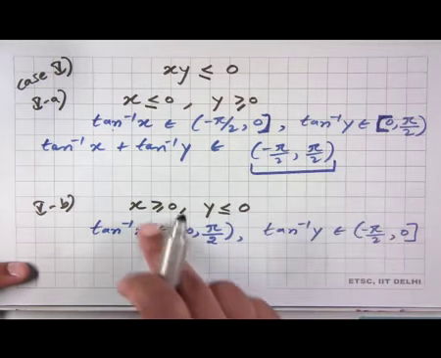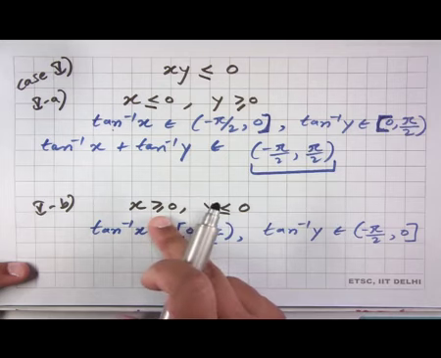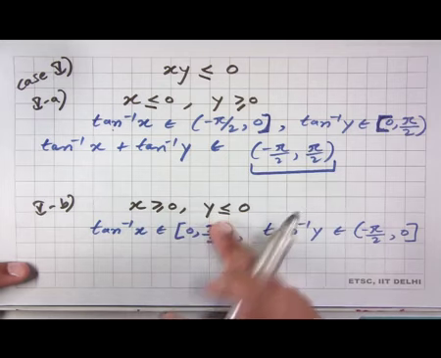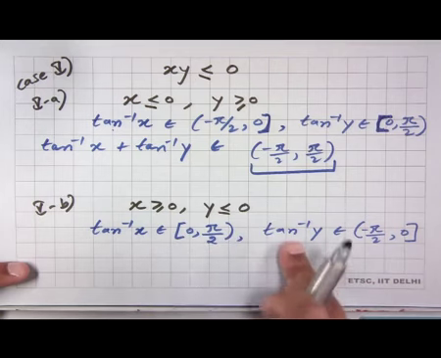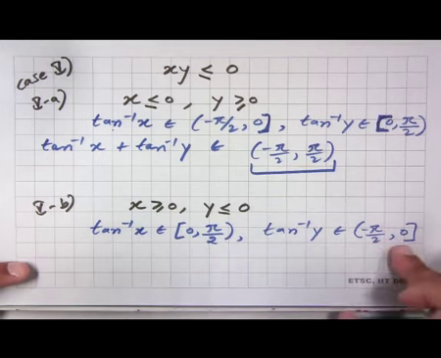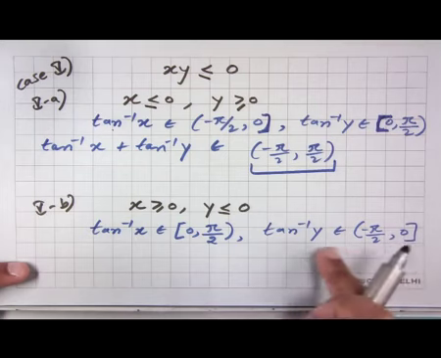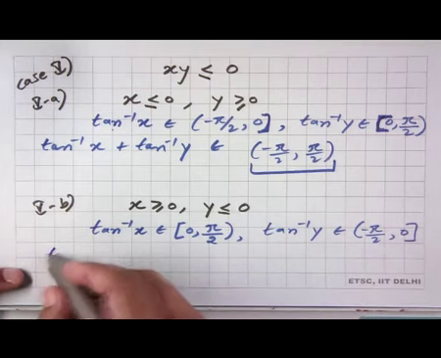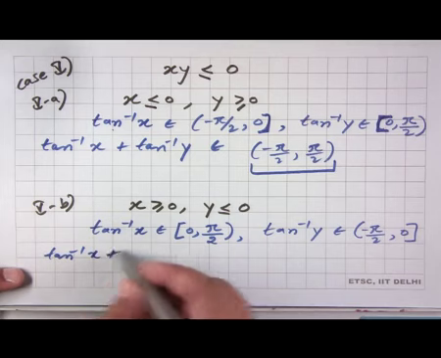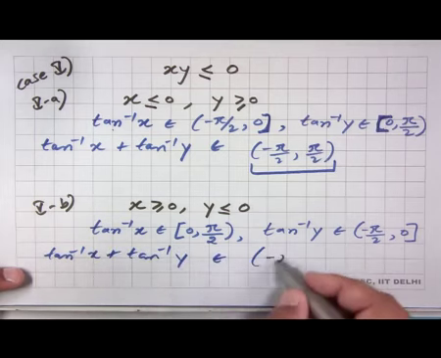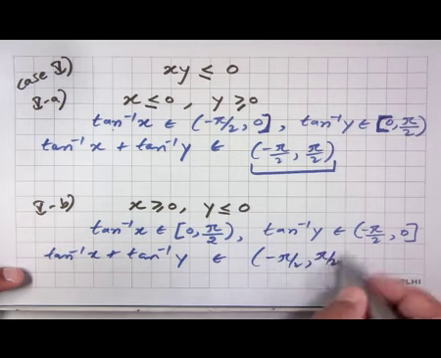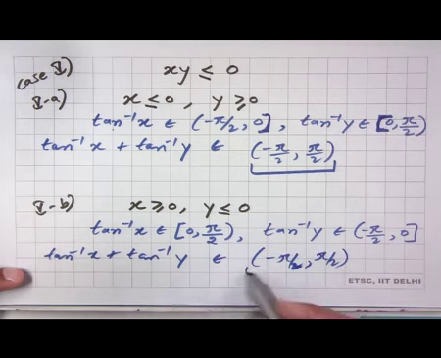And again, when x is greater than or equal to 0 and y is less than or equal to 0, tan inverse x will belong to 0 to pi by 2, and tan inverse y will belong to minus pi by 2 to 0. Even in this case, you will see that tan inverse x plus tan inverse y will belong to the range set of tan inverse.